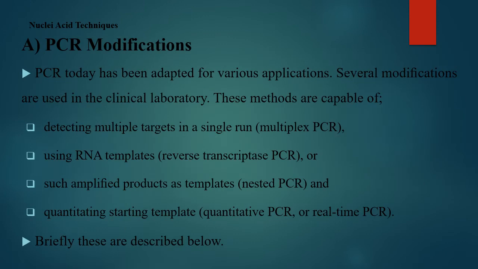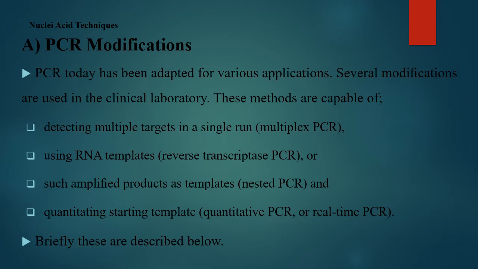Now there are modifications to the PCR. The PCR has undergone different modifications to satisfy particular requests and desires. The available modifications are the multiplex PCR, for detecting multiple targets in a single run. So for a particular DNA, you are not looking at just a single target; there are a number of targets you are looking at.